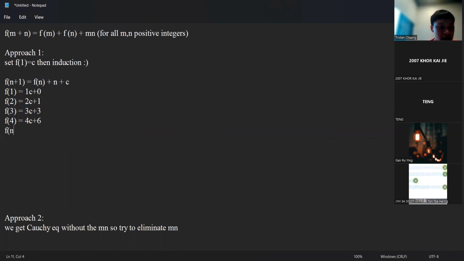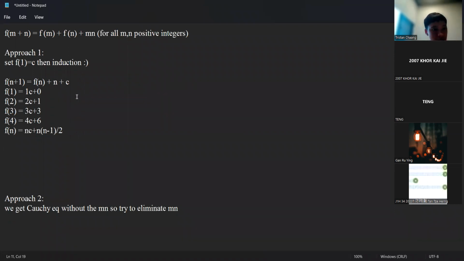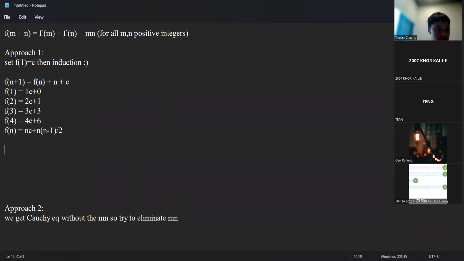So reasonably, you can give this to be nC plus, well, that would be n times n minus 1 over 2. And you can prove that by induction, or I see that this equation, I can rearrange it as this, right?